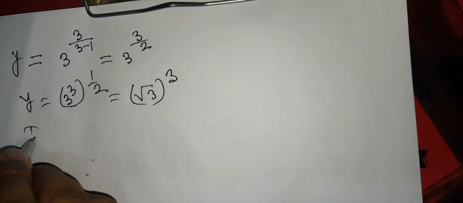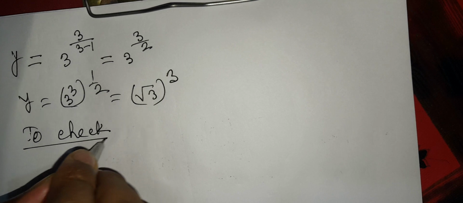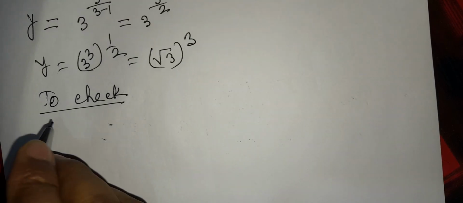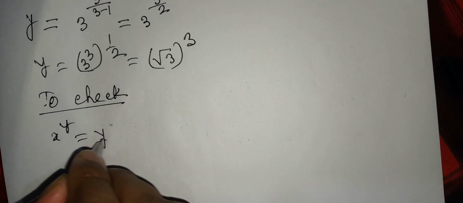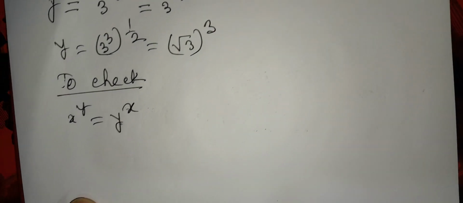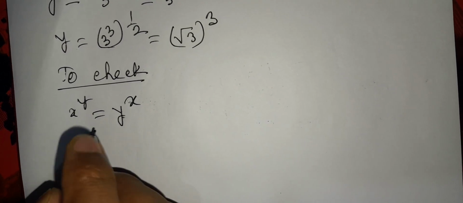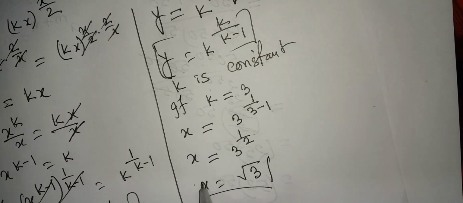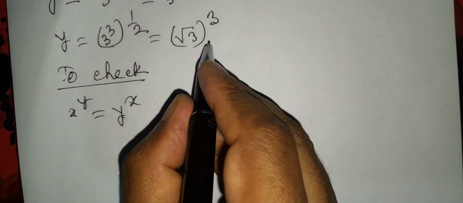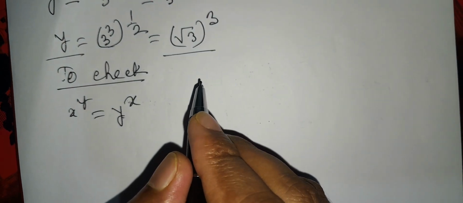To check the given equation, x to the power y equal to y to the power x, we put the value of x and y. The x is root 3 and y is root 3 whole cube. Okay.